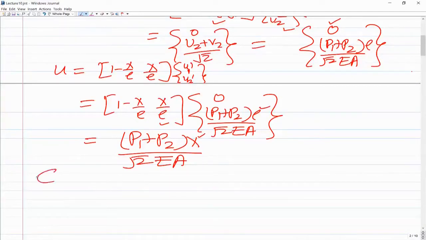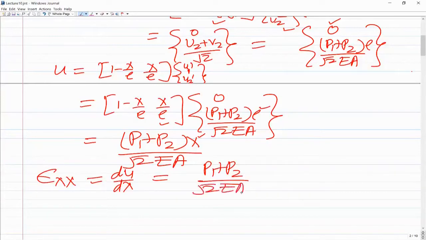And then the strain epsilon xx will be du by dx, which would be (p1 plus p2) upon root 2 into EA, because you are differentiating with respect to x, that will go. So this is what you will get as the strain, and this strain is a normal strain along the length of the element, so that you have to keep in mind.